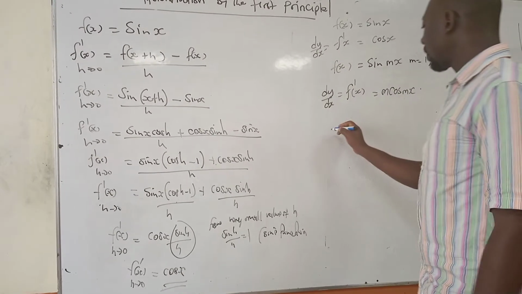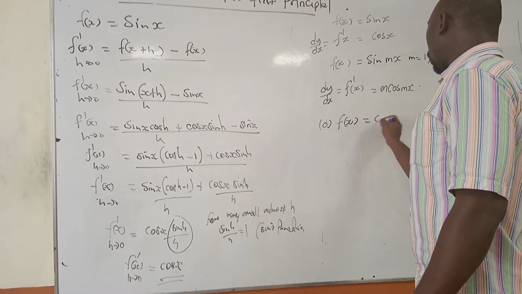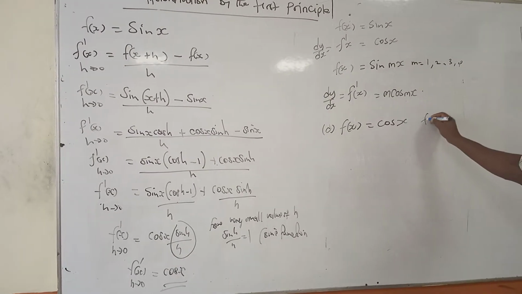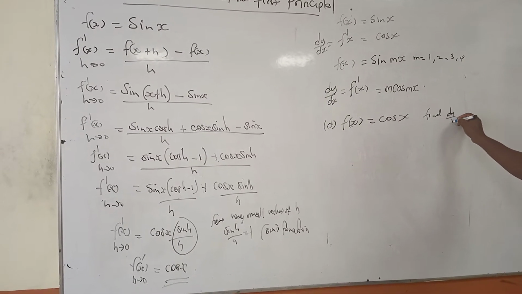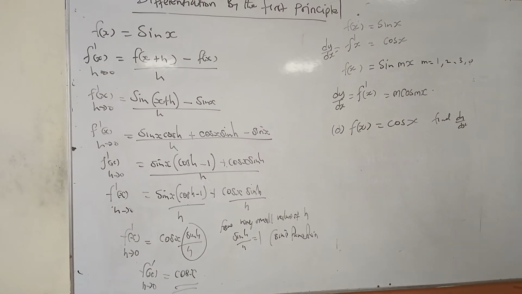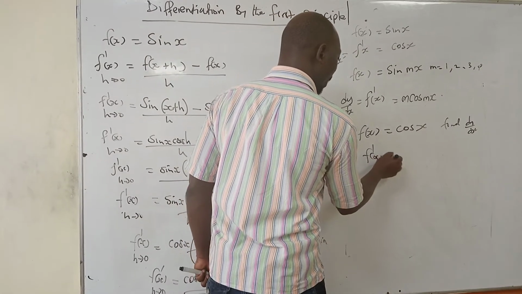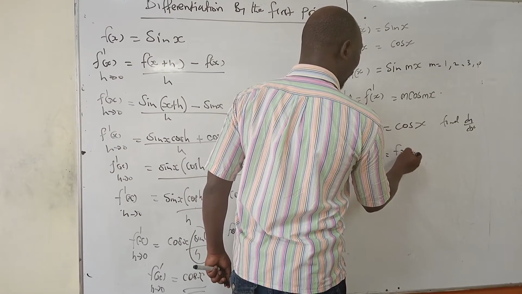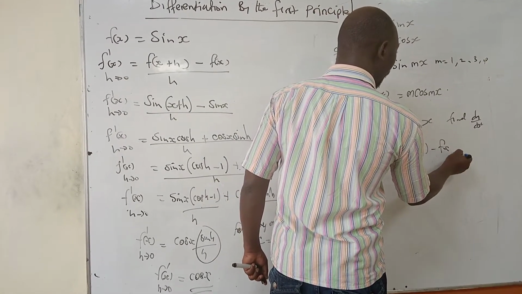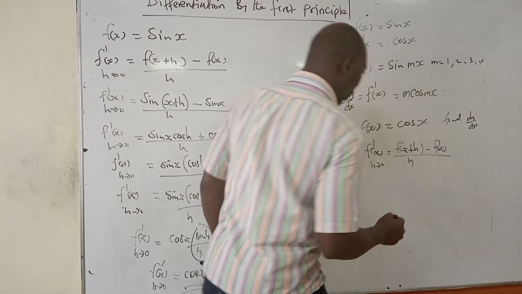So let's have our example D, which is given as f of x equals cosine of x, to find dy over dx by first principle. We just know the general formula of first principle, that is f prime of x shall be given as f of x plus h minus f of x, everything divided by h, when h is approaching 0.